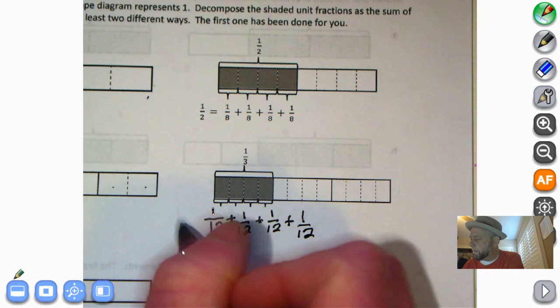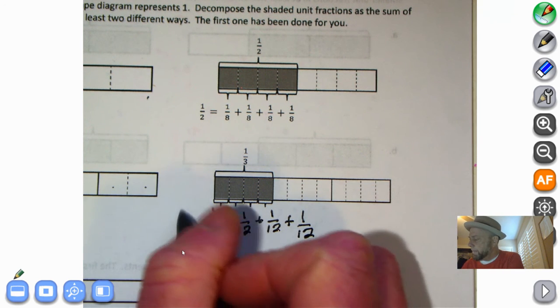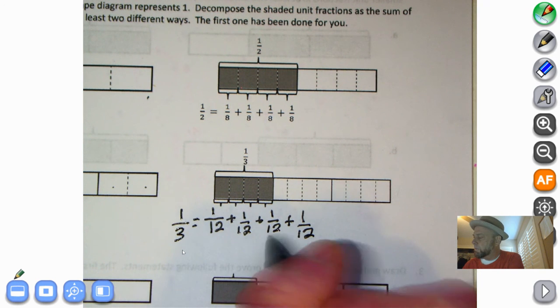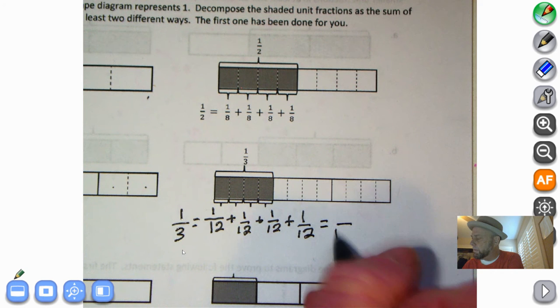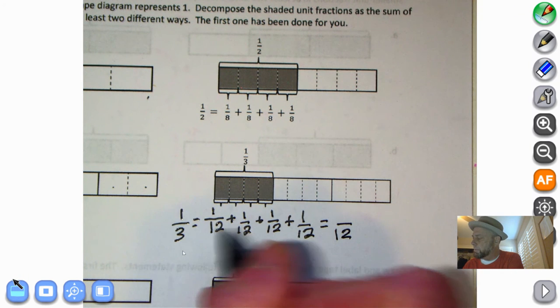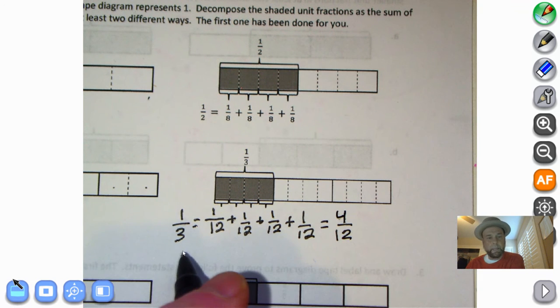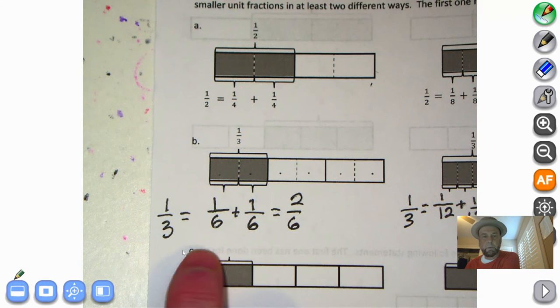So over here I'm going to put my 1/3 equals 1/12 plus 1/12 plus 1/12 plus 1/12. Remember, we don't add those denominators. Numerators we do though. 1, 2, 3, 4. So 4/12 also equals 1/3. Just like over here, we found out that 2/6 is equivalent to 1/3.